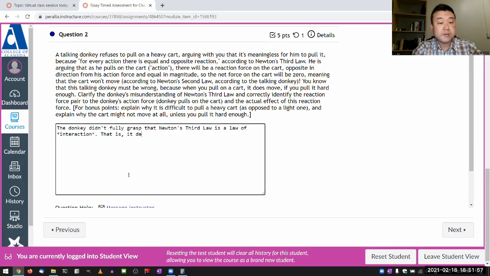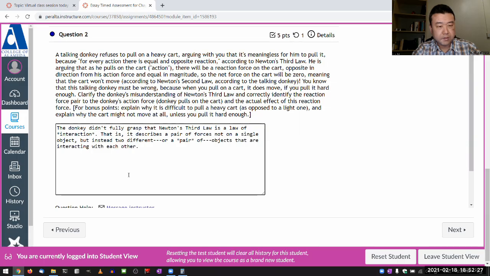That is, it describes a pair of forces not on a single object, but on a pair of objects that are interacting with each other.